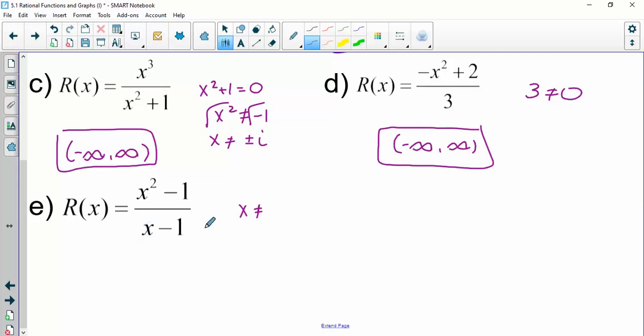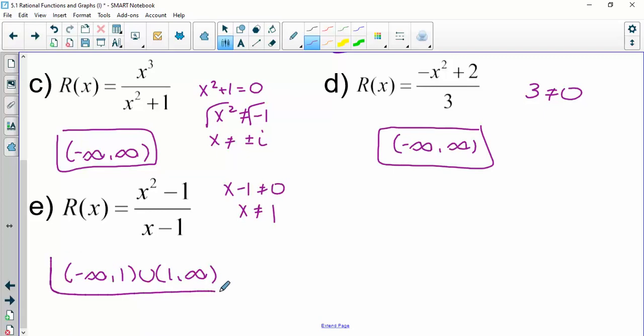Yeah. If we look at the bottom, can't be 0, so x can't be 1. So our domain is everything else. Negative infinity to 1, union 1 to infinity. Any questions about this?